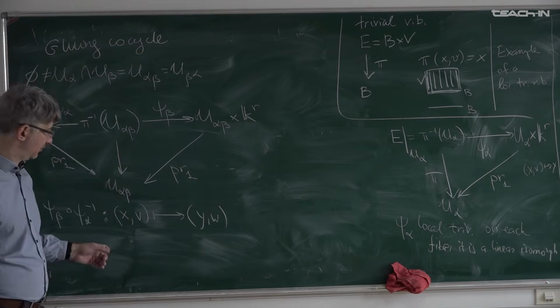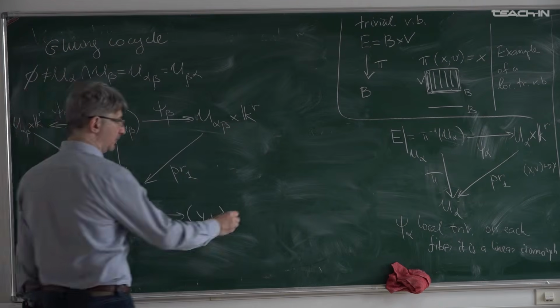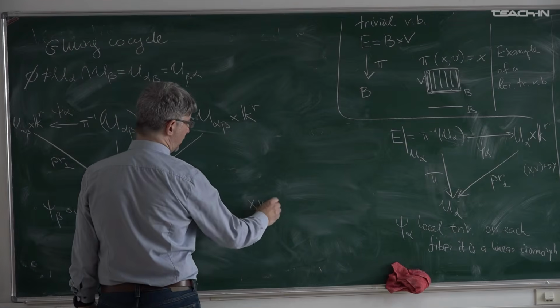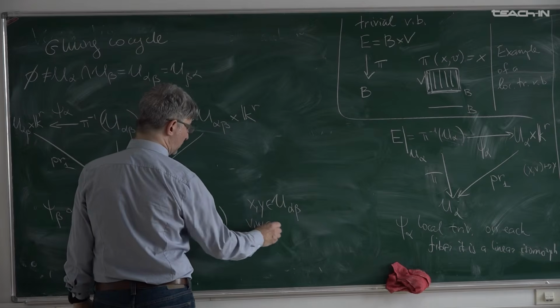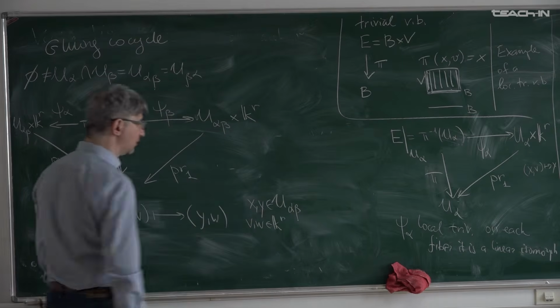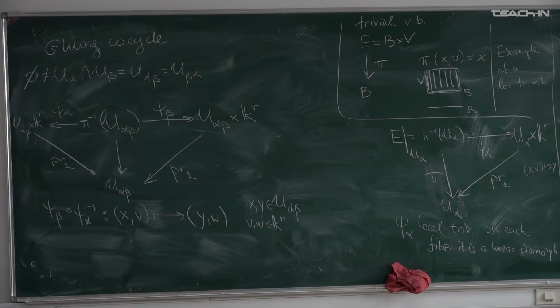Let us discuss what the relation is between these four objects. First of all, I fix that x and y belong to U alpha beta, and v and w belong to k^r. What can we say about the relation between these points? In a very general sense, because I have defined nothing more, this should be something very, very general.